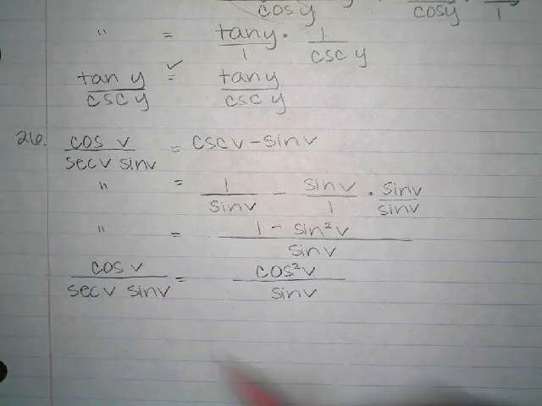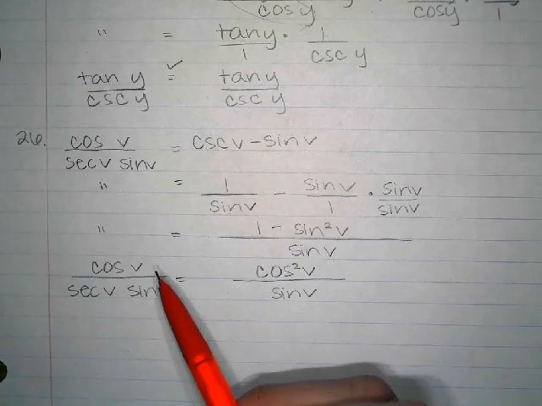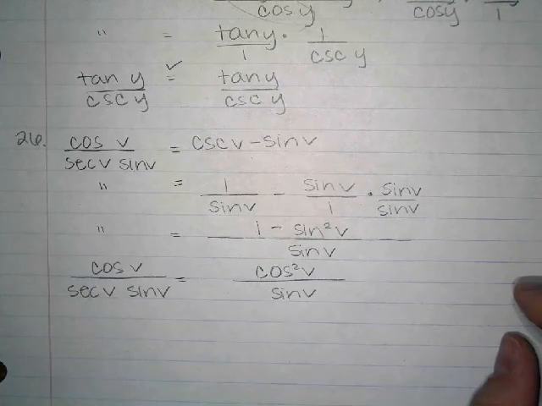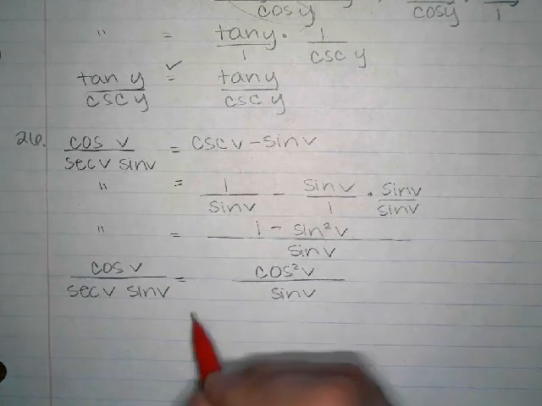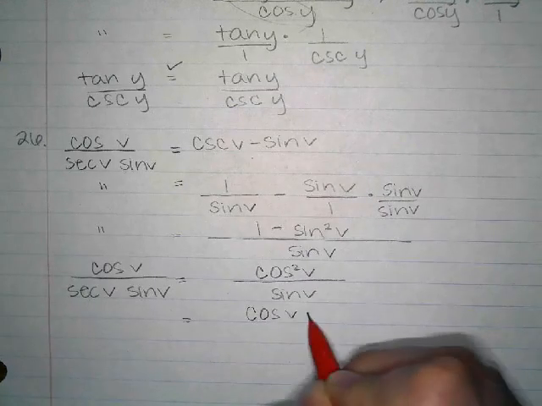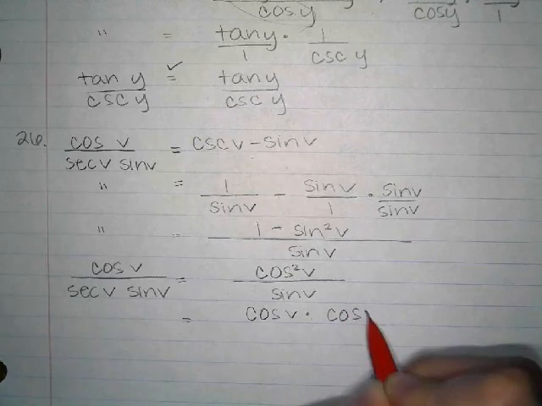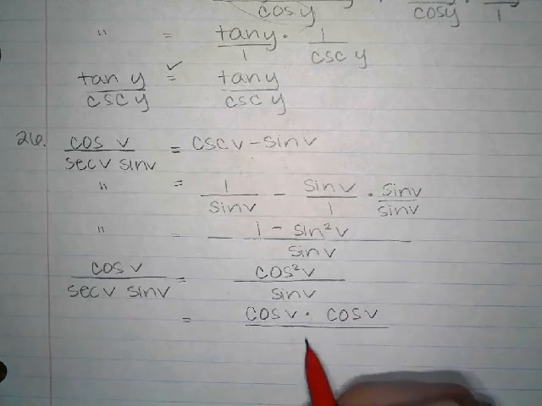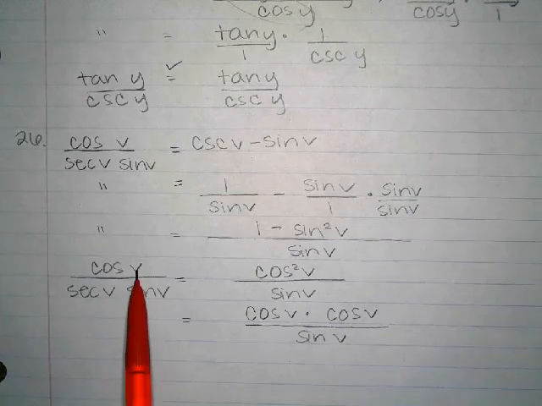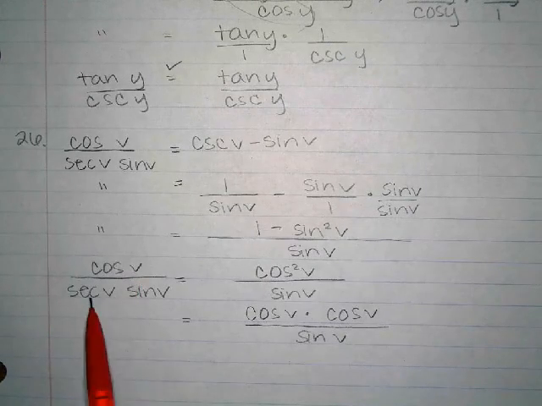We're going to separate the coses. So cos on top, secant on bottom, sine on bottom.